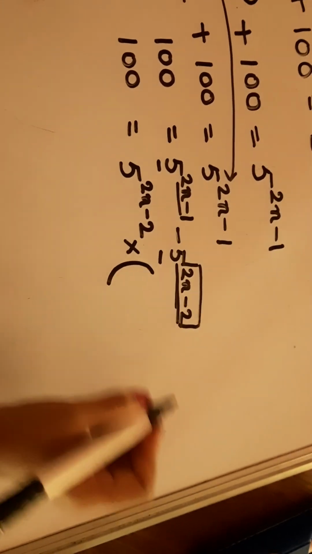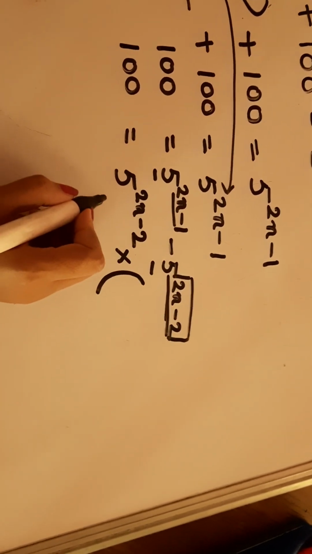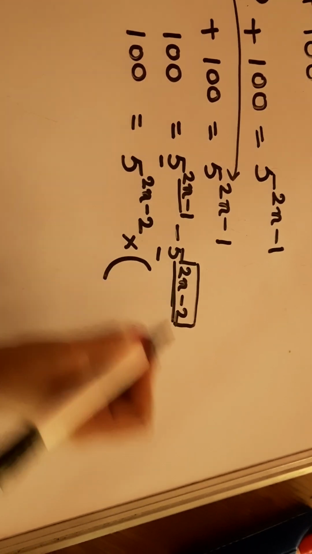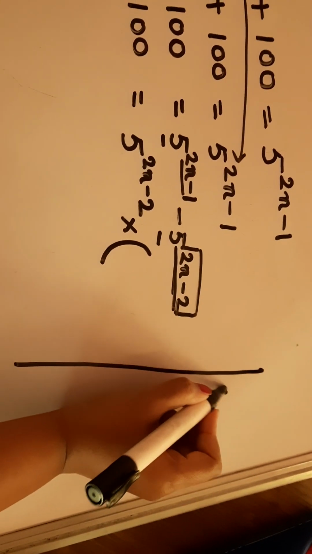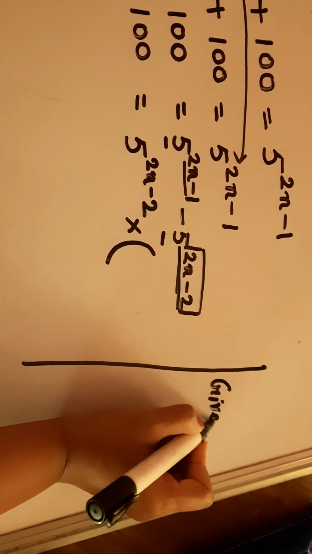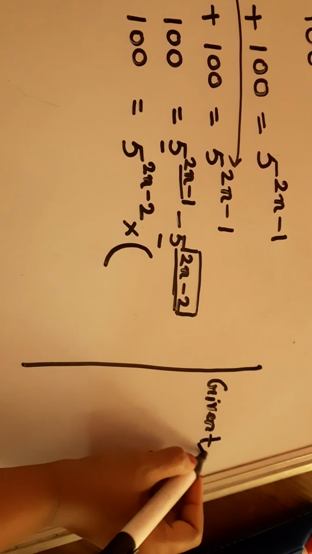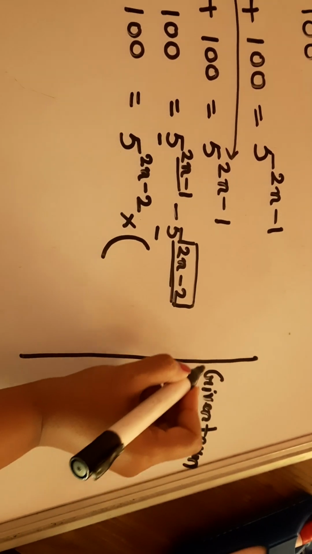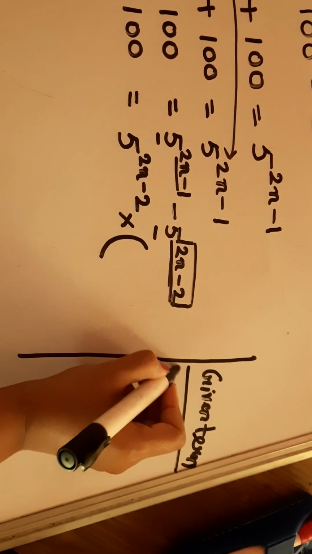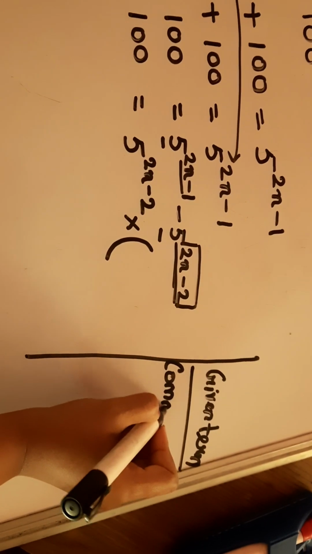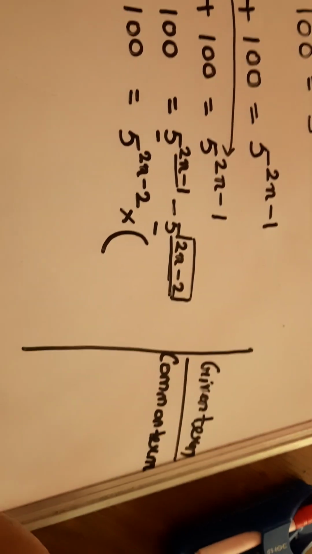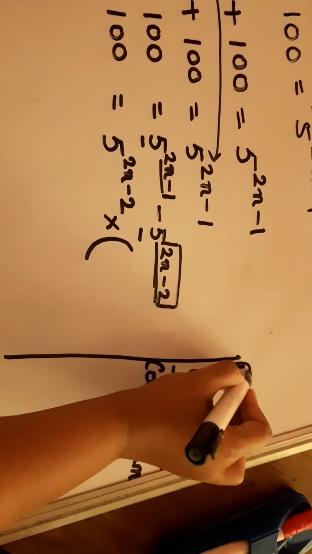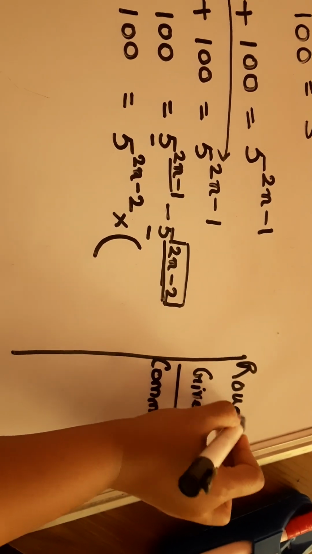Now after we have taken out the common term, we can remember one rule: given term by common term. This you can do at the rough.